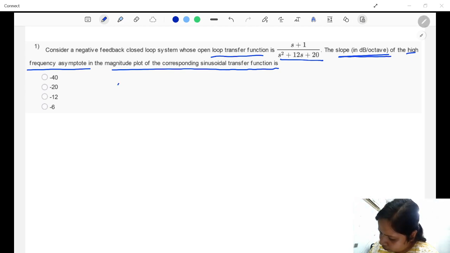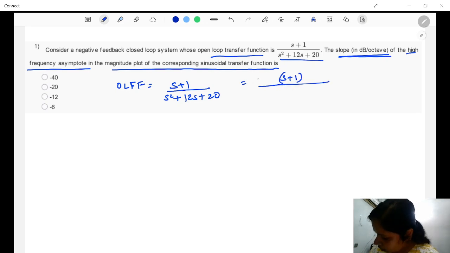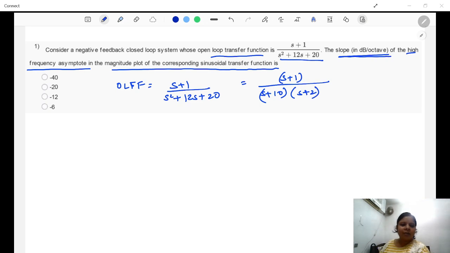Your open loop transfer function is given as (s plus 1) upon (s square plus 12s plus 20), right? We can factorize it: (s plus 1) upon (s plus 10) into (s plus 2). By now, I hope you are very clear with what are the poles and zeros of the system.